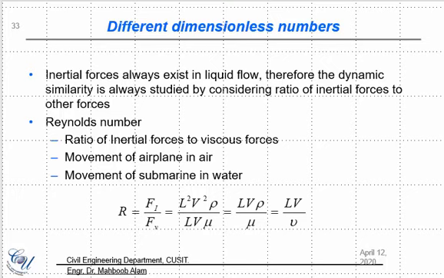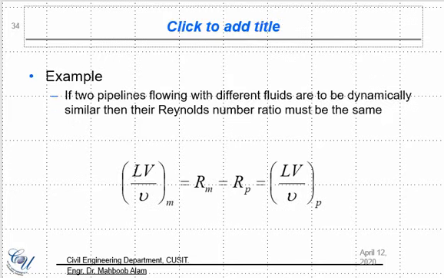If we have to study the velocity of air around automobiles and aeroplanes, then we have to consider the Reynolds number. So these are different practical areas where Reynolds number would be important for us, and we will be ensuring that the ratio of this dimensionless number is the same in the prototype and in the model.